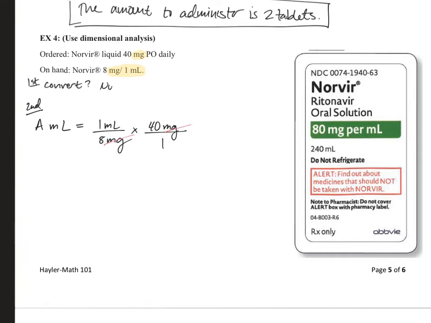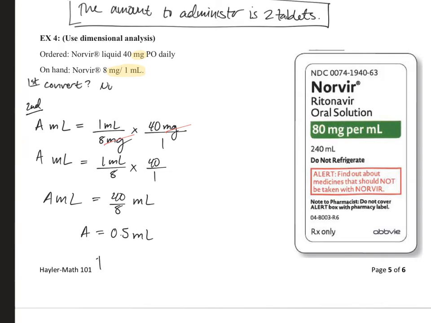Simplifying, A milliliters is 1 milliliter over 8 times 40 over 1. Multiplying that out, we get A mL equals 40 divided by 8 milliliters, which is A equals 0.5 milliliters, our amount to administer. So the amount to administer is 0.5 milliliters.